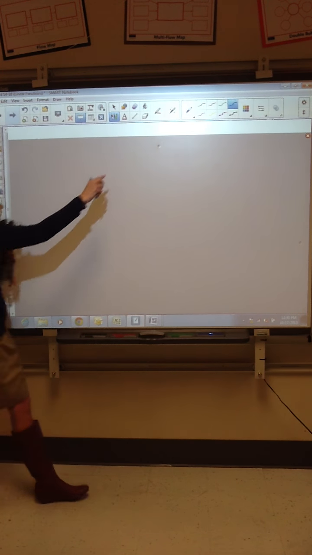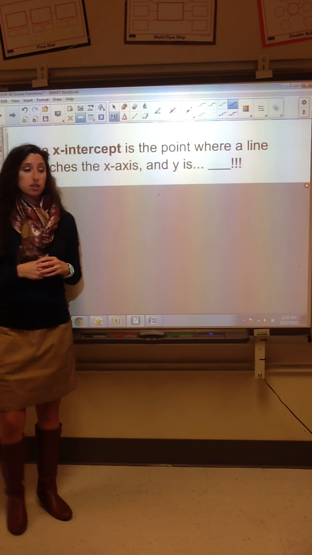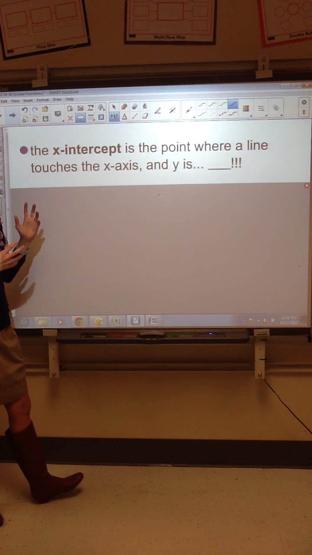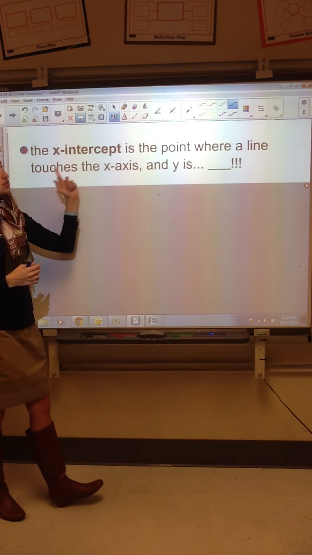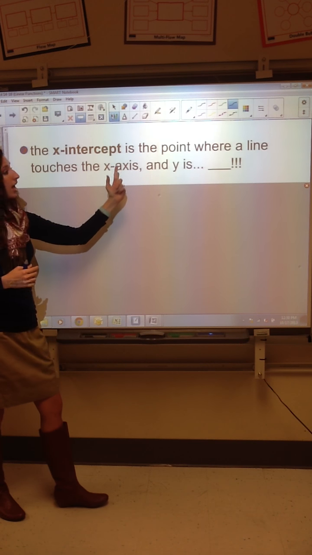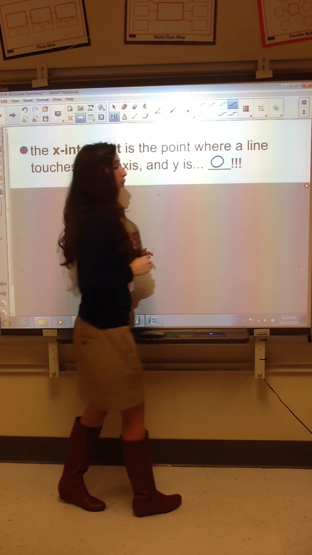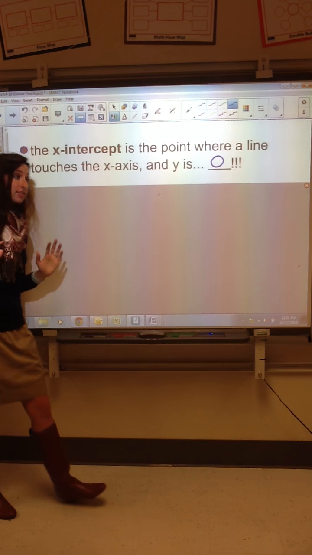Okay. The next thing we're going to do is we're going to fill in our blank. The x-intercept, we just talked about it, the x-coordinate, is the point where a line touches the x-axis and y is 0. Remember, if it is on the x-axis, y is 0.